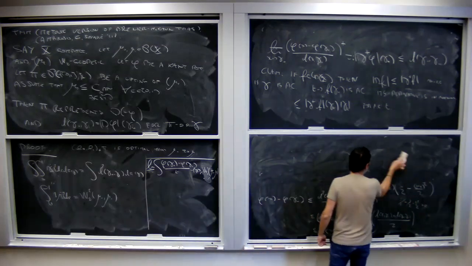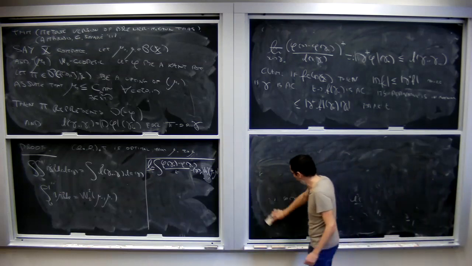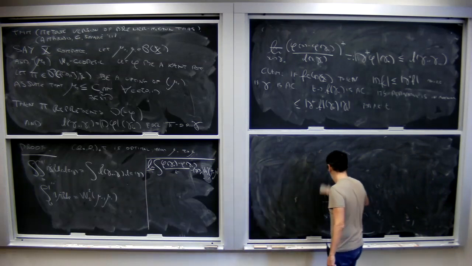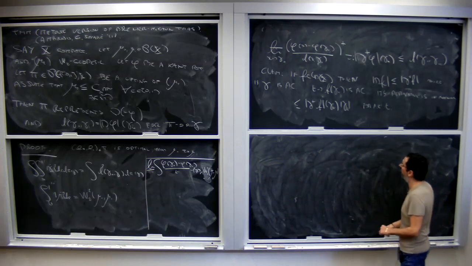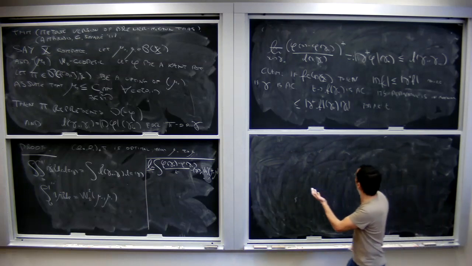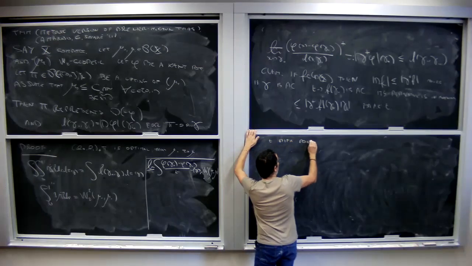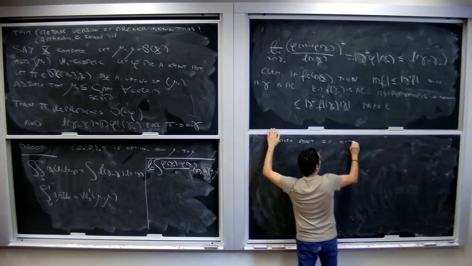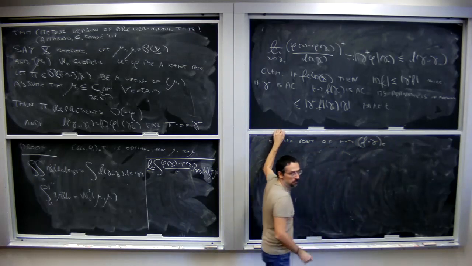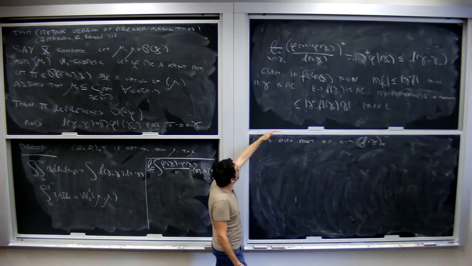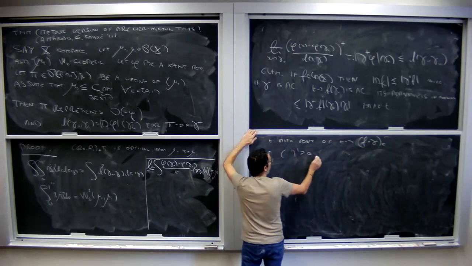This is just because an absolutely continuous function on the real line is almost everywhere differentiable. Take t a differentiability point of this one, f of gamma t. Now, if the derivative is positive, what is this derivative?